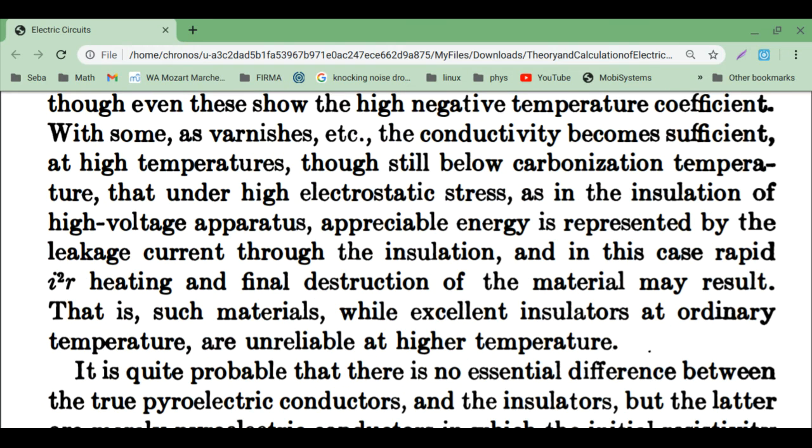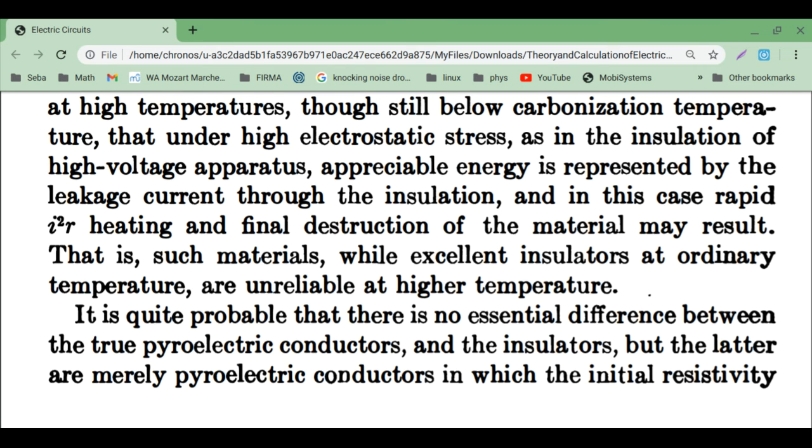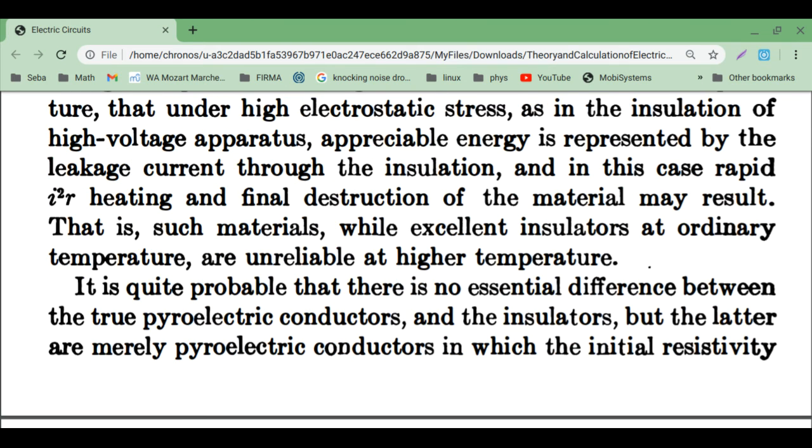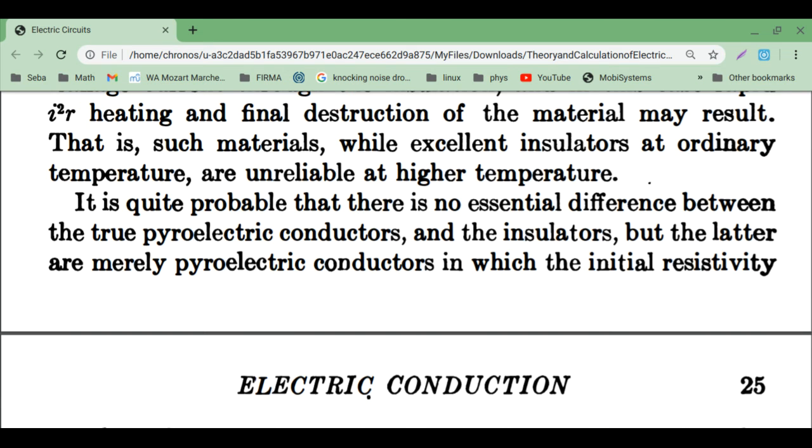With some, as varnishes, etc., the conductivity becomes sufficient at high temperatures, while still below carbonization temperature, that under high electrostatic stress, as in an insulation of high voltage apparatus, appreciable energy is represented by the leakage current through the insulation, and in this case, rapid I squared R heating and final destruction of the material may result. That is, such materials, while excellent insulators at ordinary temperature, are unreliable at high temperature.